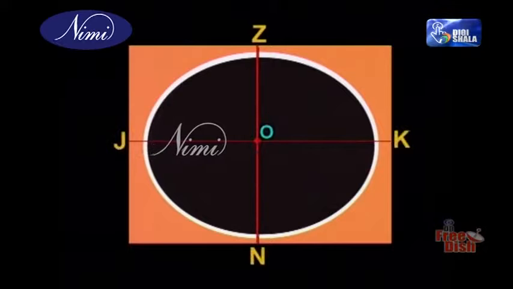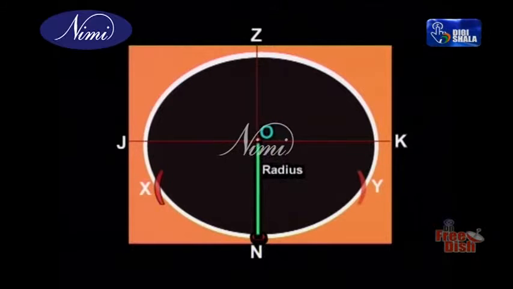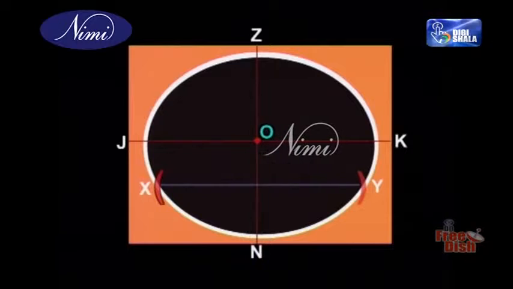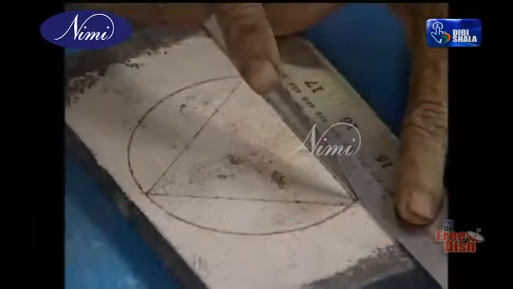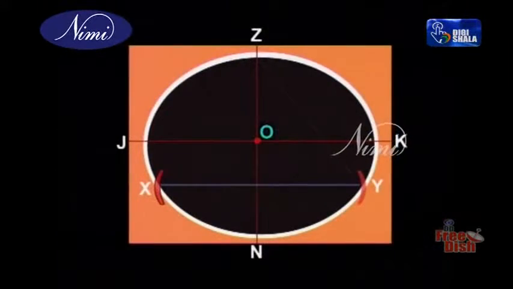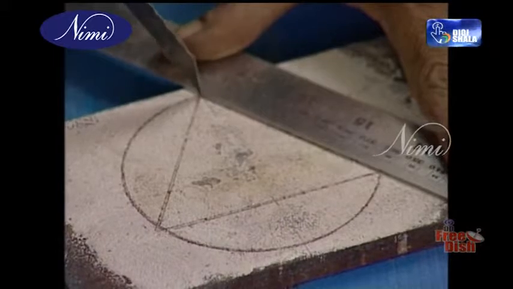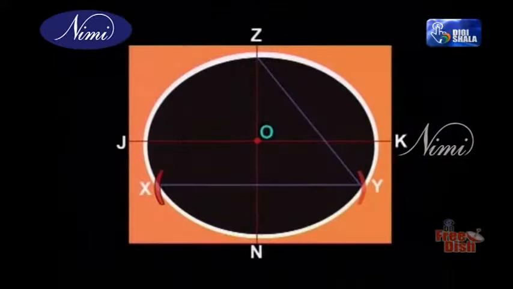Draw an arc XOY from point N, taking NO as radius and cutting the circumference of the circle at X and Y. Join XY. Join YZ and ZX.